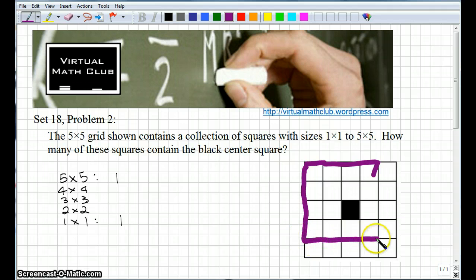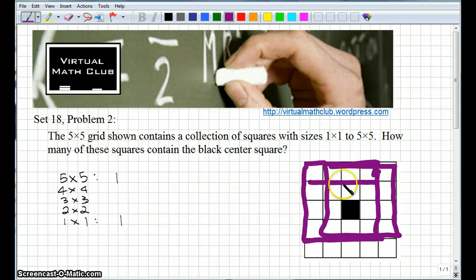one for each corner, right? Because essentially this 4 by 4 square can be moved around. So there's one 4 by 4 square, and then if we shift this over by 1, you can see there's another 4 by 4 square here, right? And then if we shift this down by 1, there's another 4 by 4 square here.